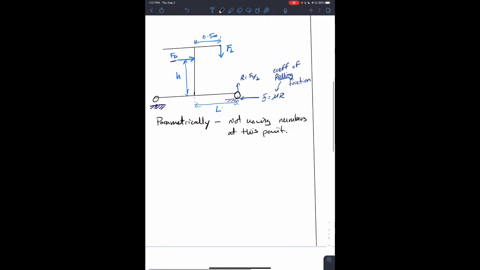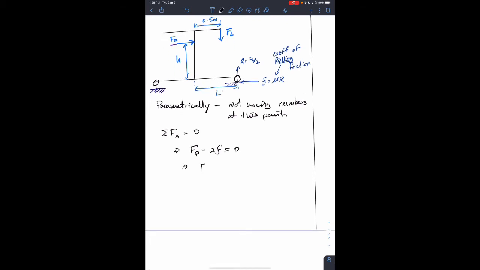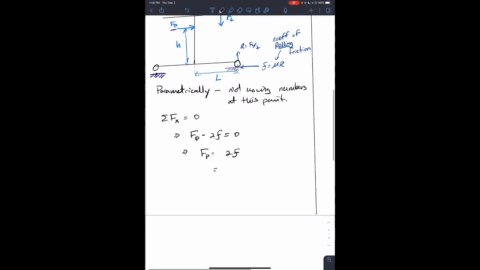If we look at the diagram and resolve forces in the x direction, we say FP minus 2F is equal to 0, because there are two front wheels, each with friction F. That means FP is really 2F, which is 2 mu R, which is 2 mu FL on 2.